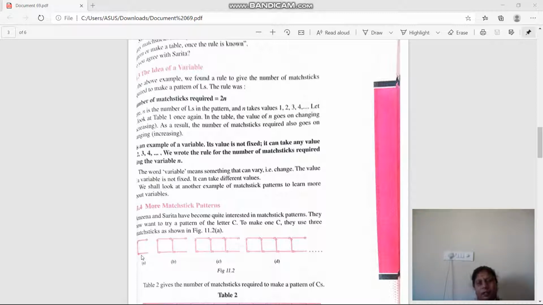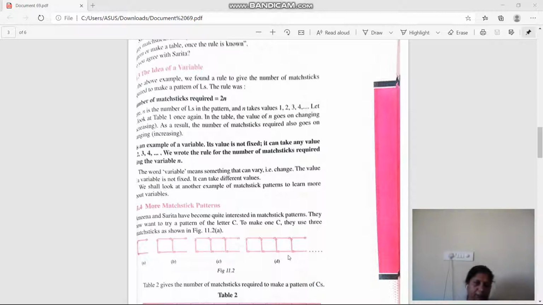This is the C, right? How many matchsticks are required here for one C? 1, 2 and 3. So for making one C, 3 matchsticks are required. For making 2 C's, how many matchsticks are required? Let's count: 1, 2, 3, 4, 5 and 6. Here 6, here 9, here 12.